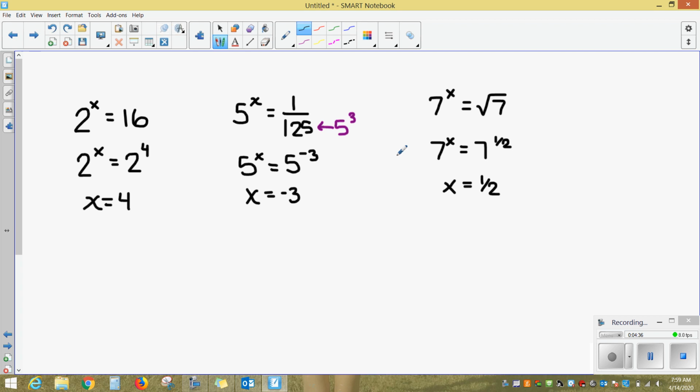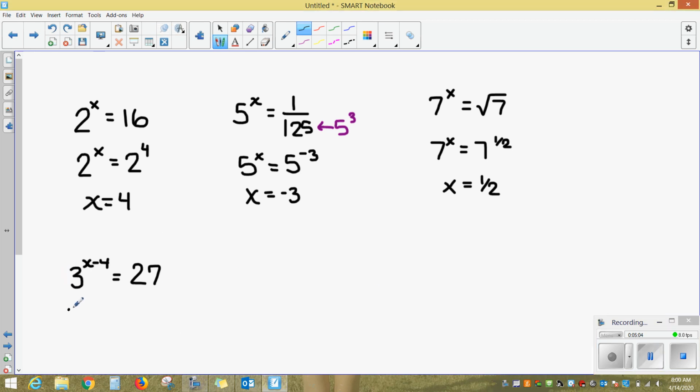If I can write both sides as powers of the same base, then I can set the exponents equal and solve if there's anything to solve. These three, there was nothing to solve. So maybe I have 3 to the x minus 4 power is equal to 27.